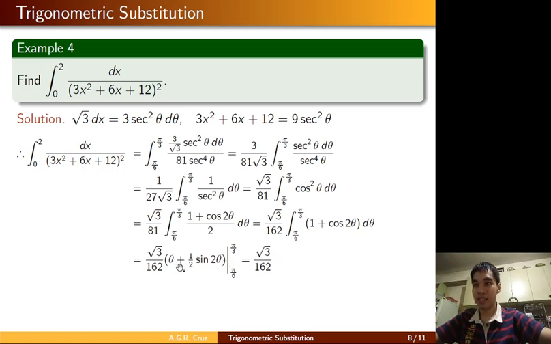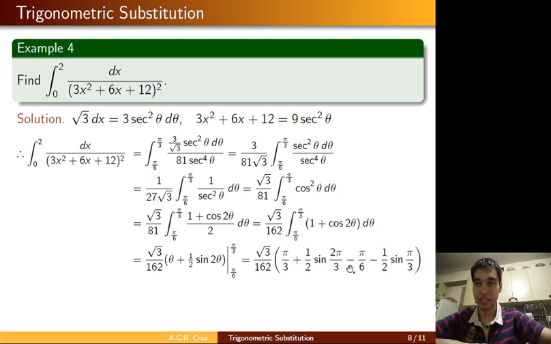And then times this one with theta replaced by pi over 3. What do you get? So your theta is now pi over 3 and then plus 1 half sine 2 pi over 3. Okay? And then minus the same thing with theta replaced by pi over 6. So theta is pi over 6. And then minus 1 half sine 2 pi over 6. Pero 2 pi over 6, that simplifies 2 pi over 3.